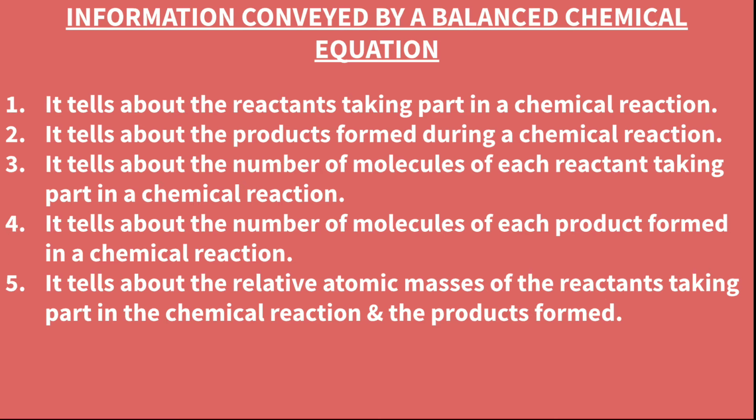Next is the information conveyed by a balanced chemical equation. What information do we get from a balanced chemical equation? It tells about the reactants which take part in a chemical reaction. It tells about the products which are formed during a chemical reaction. It tells us the number of molecules of each reactant taking part in the reaction, and the number of molecules of each product formed.